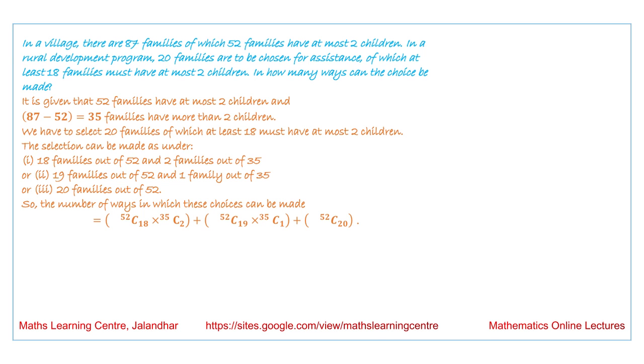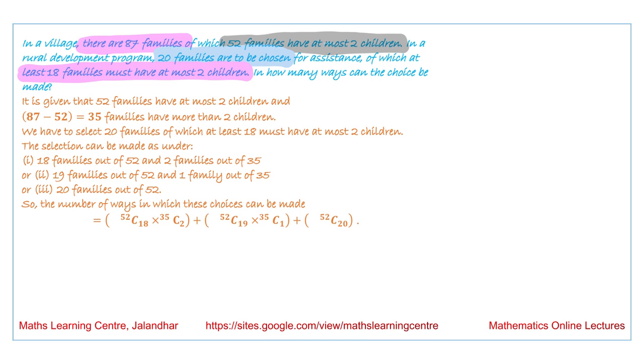In this next question, it is given that in a village there are 87 families, of which 52 families have at most 2 children. Then in a rural development program, 20 families are to be chosen for assistance, of which at least 18 families must have at most 2 children. In how many ways can these be chosen?